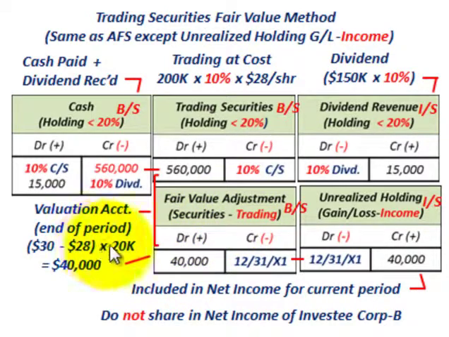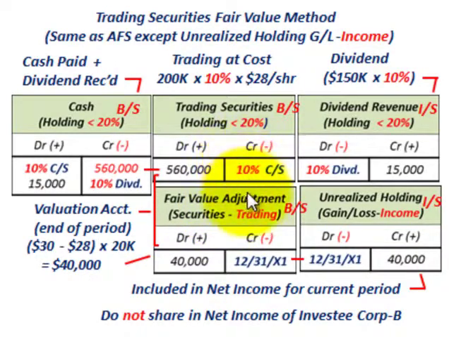So if we had a negative change, or our market price was less than our cost, then our fair value adjustment, we would have to credit that or reduce that, which would reduce our trading securities directly. So this is a valuation account.